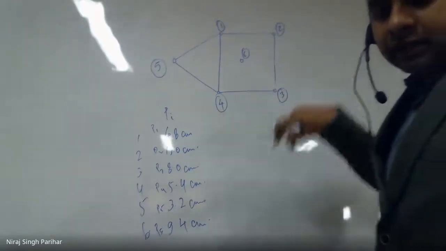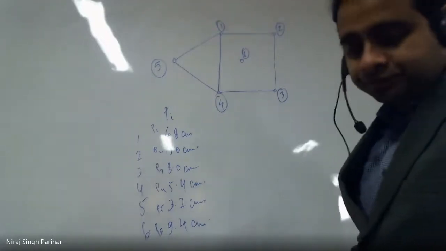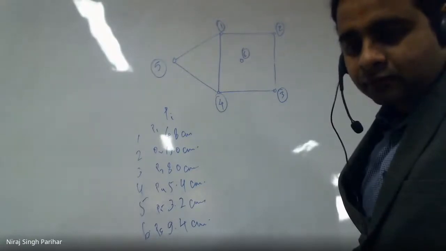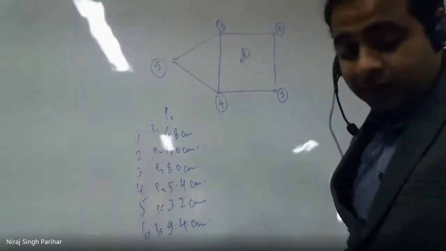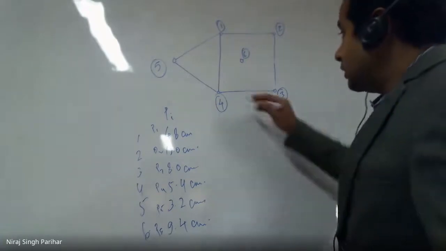Can you tell me what kind of triangle and what kind of quadrilateral it is? A square and an equilateral triangle. Yes. Why? Because it's given that the sides are equal, 4 kilometers.